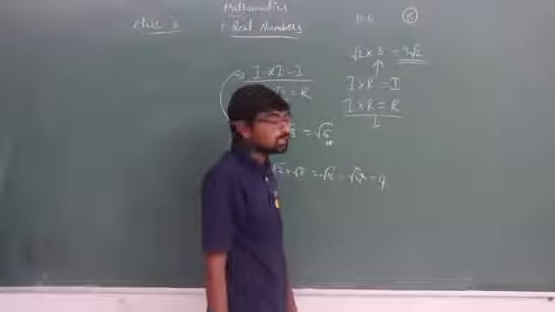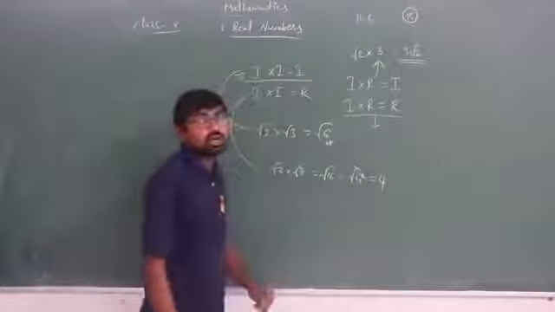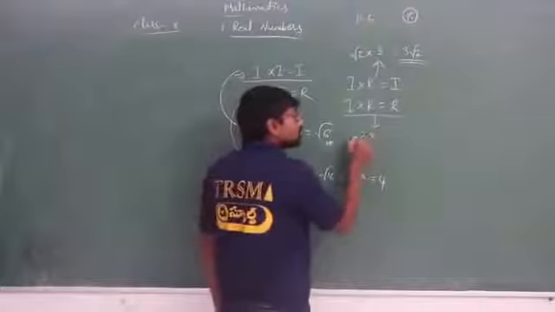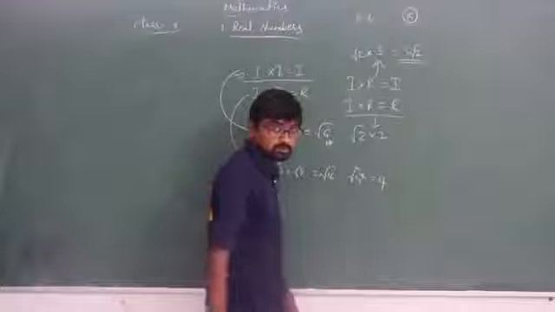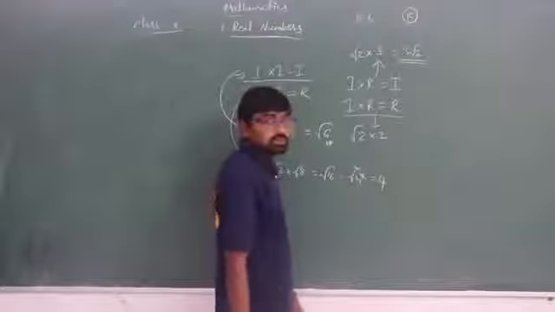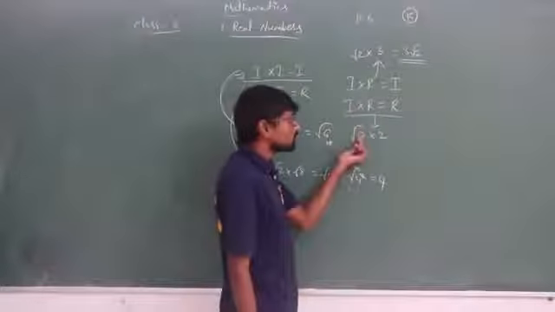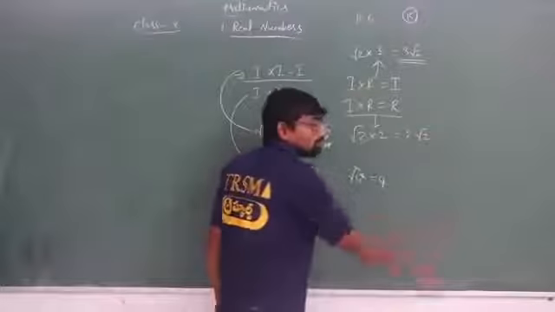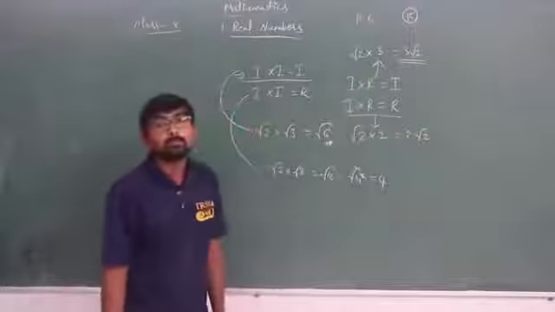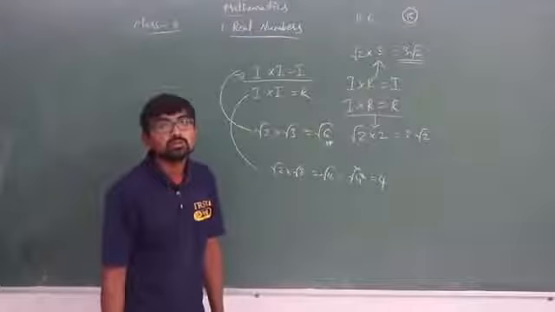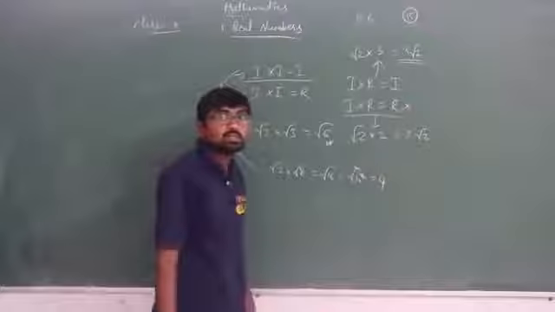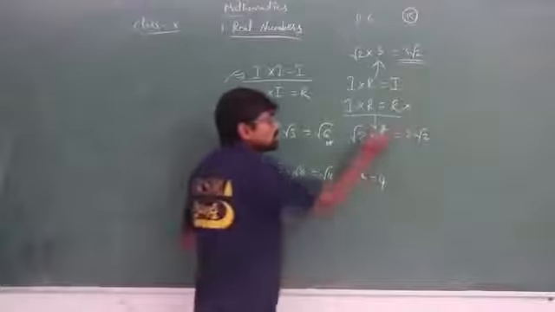If I take rational number 2 and irrational number root 2, how much will I get? 2 root 2. Now, is it possible? Absolutely not, it is not possible. So this condition is not applicable. You can check any numbers. If you are taking 4 also.